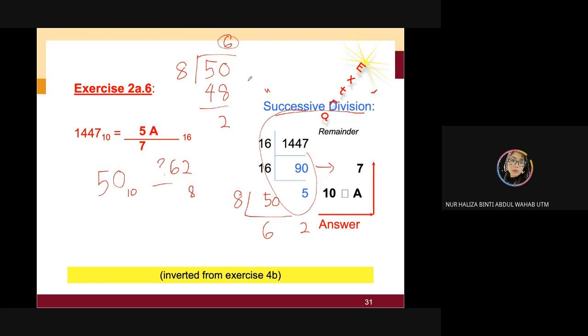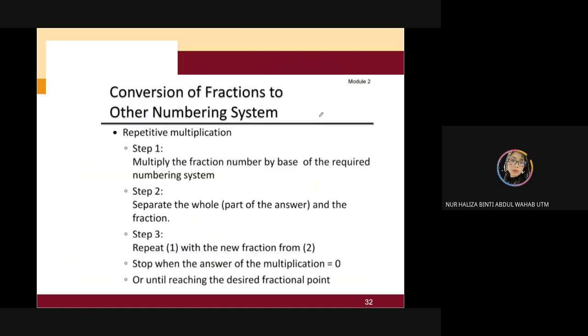Okay, as mentioned, when you want to convert decimal to any base number, it's going to be 2 parts. Now you see on the integer only. But after this, you're going to look into fraction. So for the fraction number, instead of integer, you will use division.